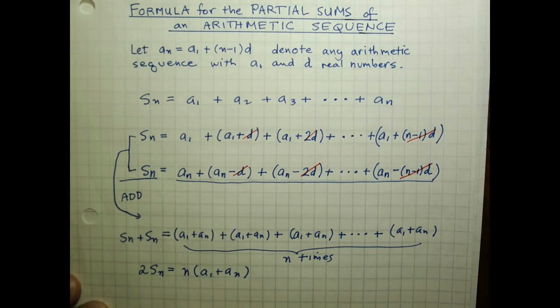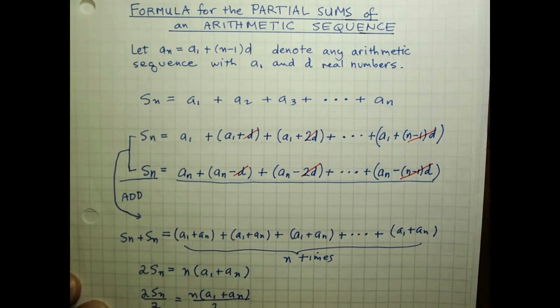If I divide both sides by 2, I'm going to get back to Sn all by itself on the left, and I have Sn is equal to n times (a1 plus an) all over 2.